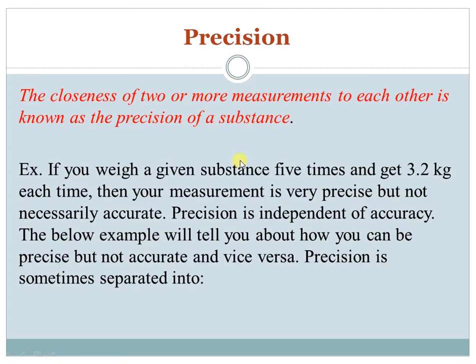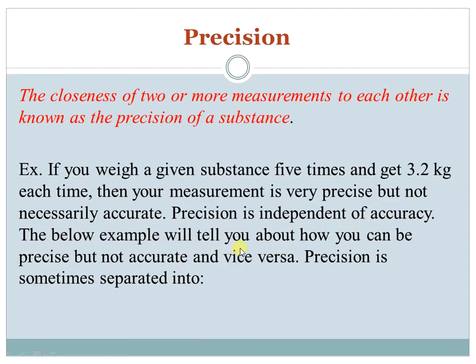For example, if we weigh a substance 5 times and we get 3.2 kg each time, then we can say the measurement is very precise, but we cannot say it is accurate, because we are unaware whether it is close to the true value or not. So precision is independent of accuracy.